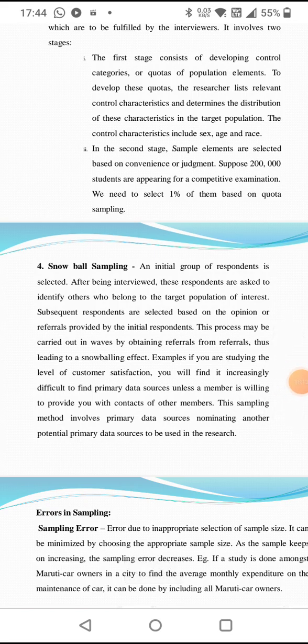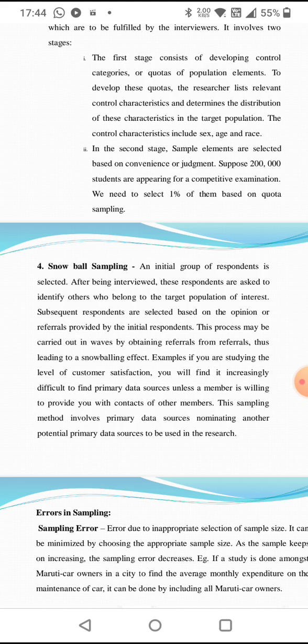Next is snowball sampling. An initial group of respondents is selected. After being interviewed, these respondents are asked to identify others who belong to the target population of interest. Subsequent respondents are selected based on the opinion or referrals provided by the initial respondents. This process may be carried out in waves by obtaining referrals, thus leading to a snowballing effect.